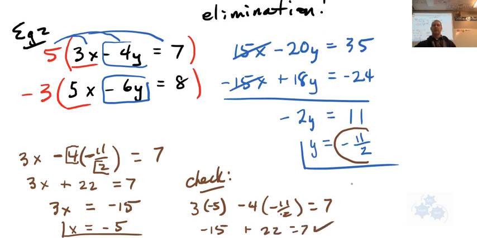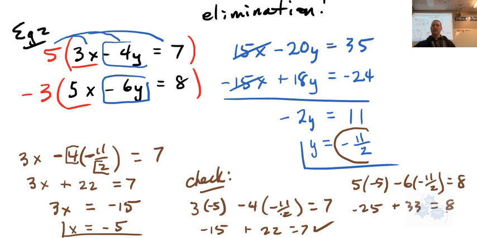That's correct. And the other one real quickly, 5 times negative 5 minus 6 times negative 11 over 2 equals 8. That's negative 25 plus 3 times 11 is 33 equals 8. And that is true as well.